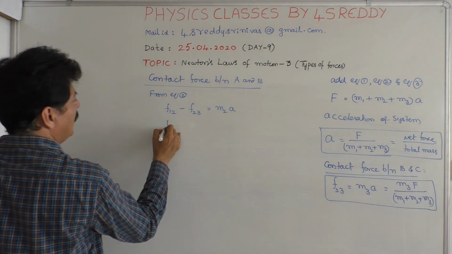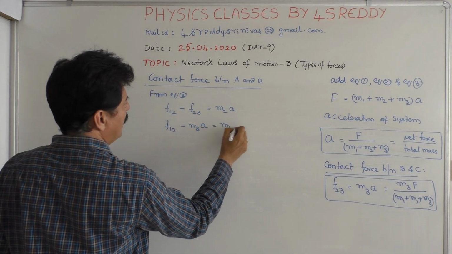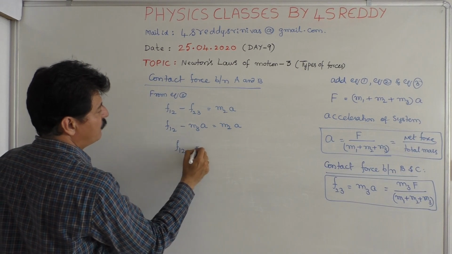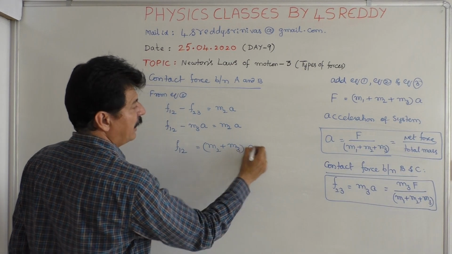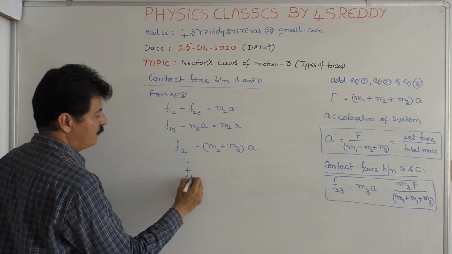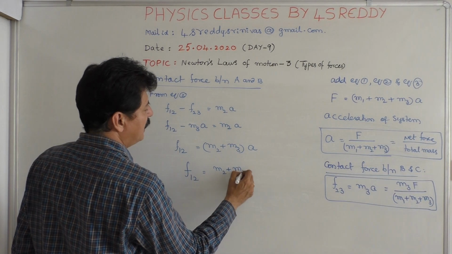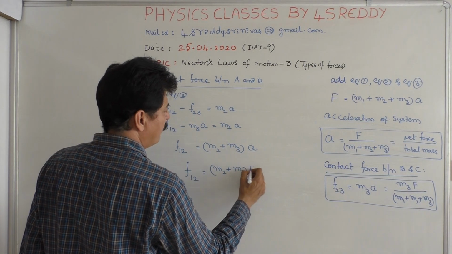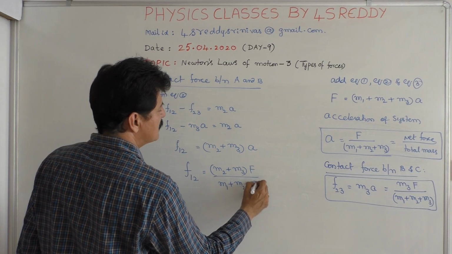Therefore, F12 minus M3A is equal to M2A. Therefore, F12 is M2 plus M3 into A. Therefore, the contact force between A and B is M2 plus M3 into F by M1 plus M2 plus M3.